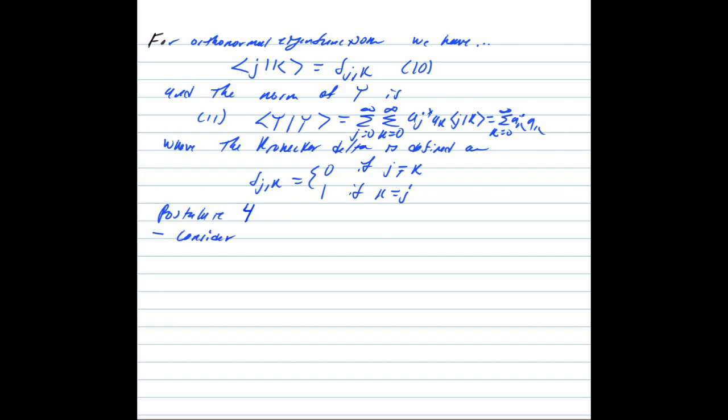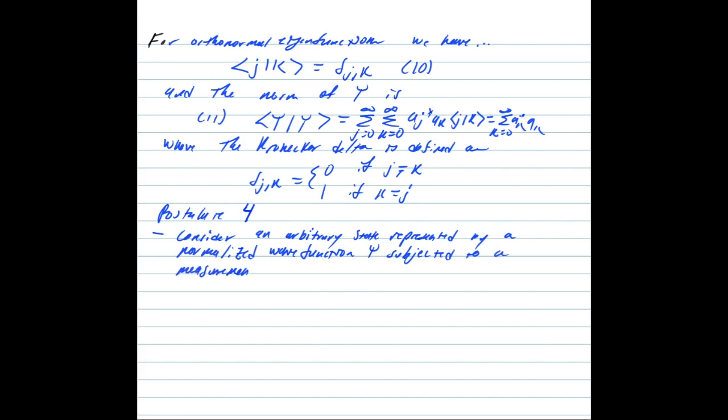And here we've used the Kronecker delta. So the delta in equation 10, delta jk, is equal to 0 if j doesn't equal k. But if j is equal to k, then delta jk is equal to 1.